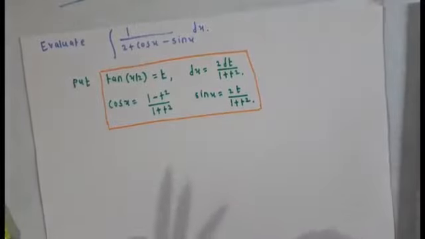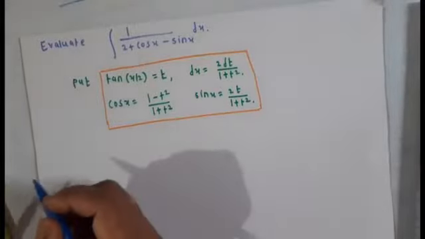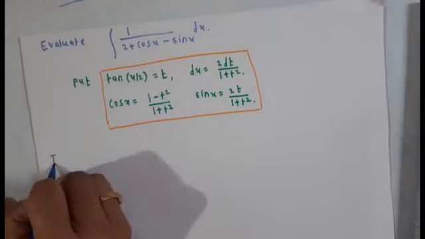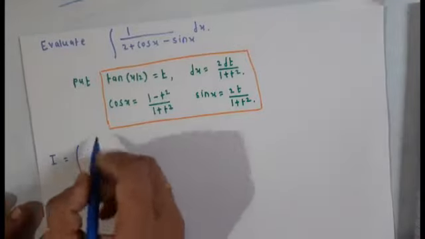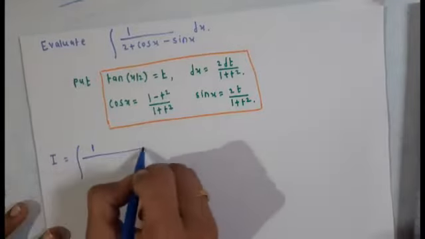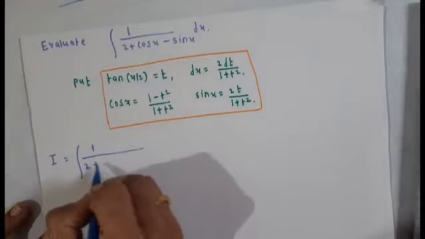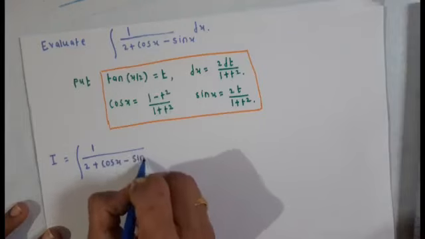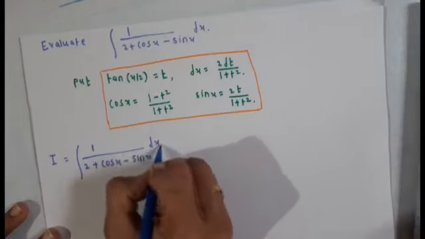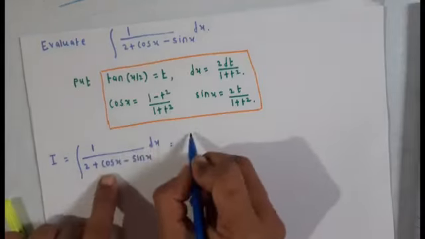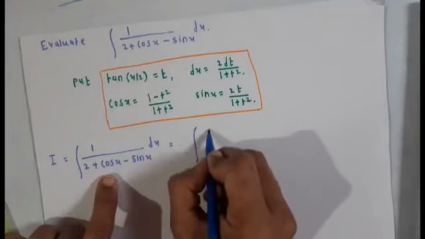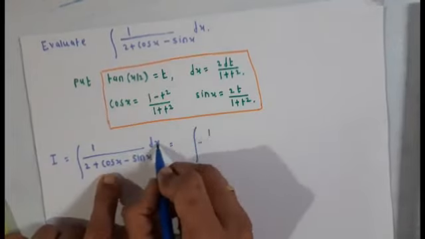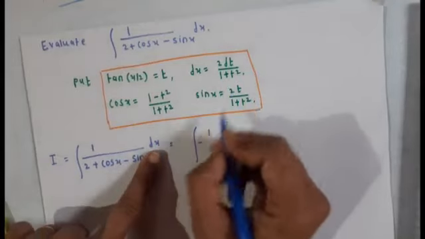Okay students, now let us take the integral, that is the integration I equal to integration of 1 upon 2 plus cos x minus sin x with respect to x, equal to integration of 1 upon, put the value of dx. The value of dx is 2 dt.